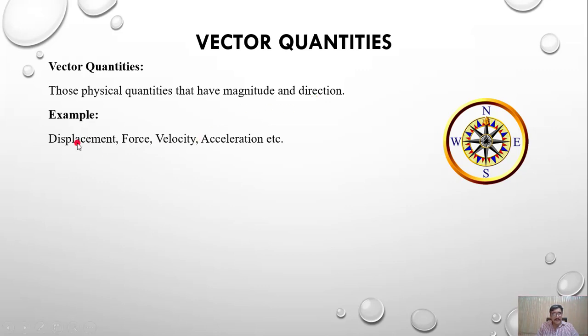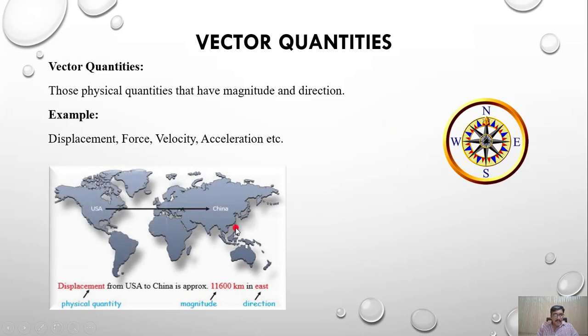For example, displacement, force, velocity and acceleration. There are so many other examples of vector quantities. Here is given one compass which gives an idea that direction can be north, east, northeast, south, west, and so many other directions.